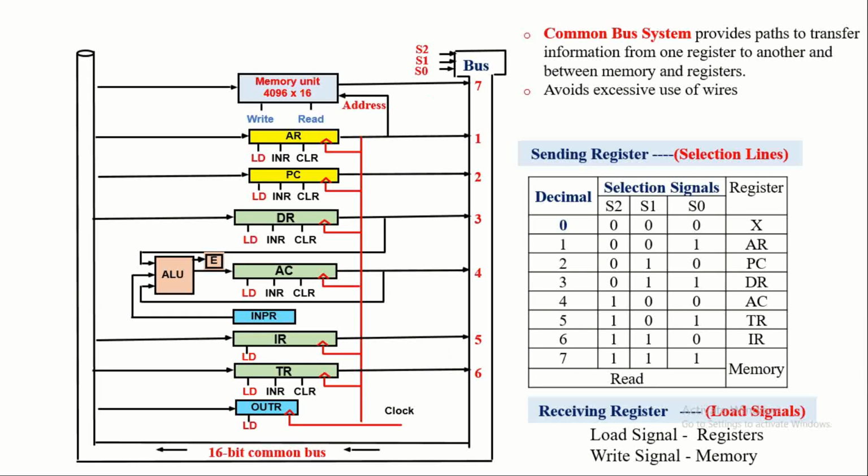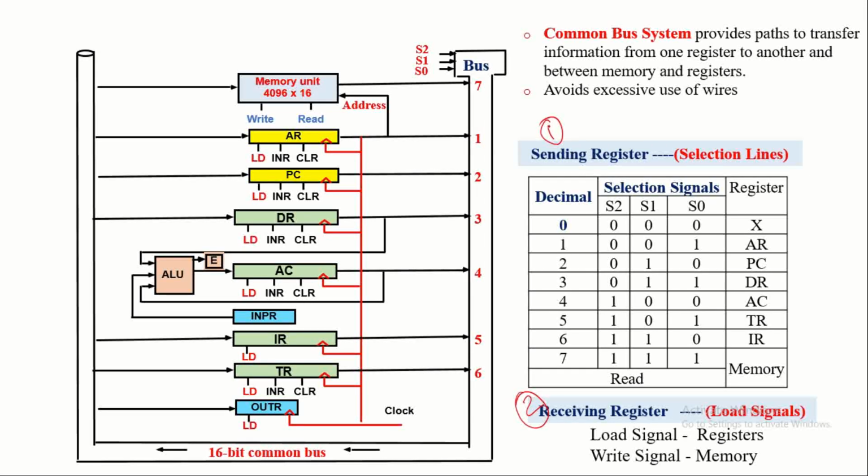Very similarly, out of 6 registers and 1 memory unit, only one component can receive the information passed over the common bus.